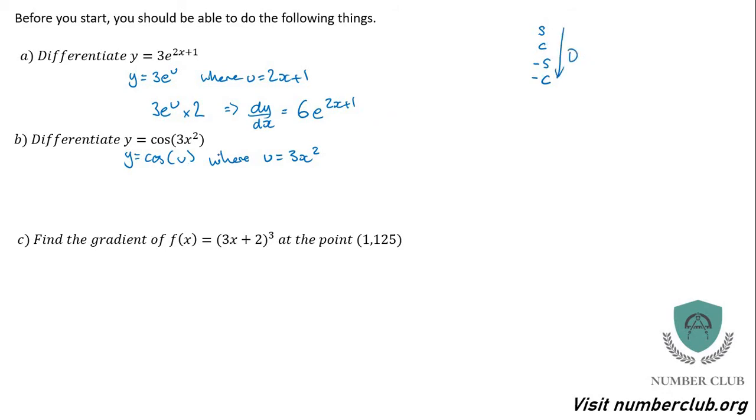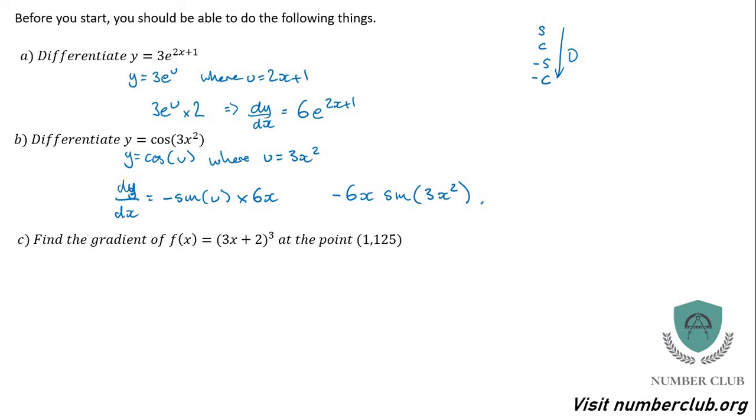So to differentiate cos of u, we get negative sine of u. So dy by dx is going to equal negative sine of u multiplied by 6x, so we get negative 6x sine of 3x squared. Okay, should be pretty comfortable with that.